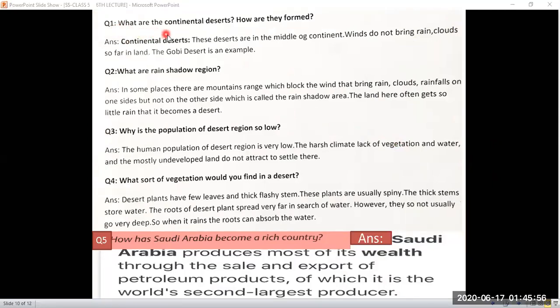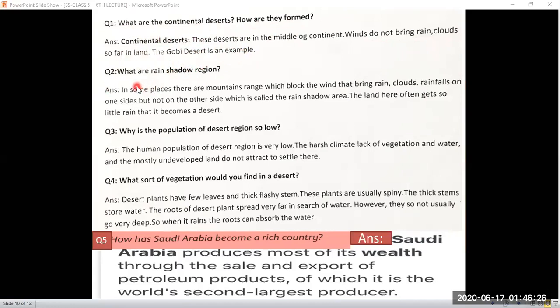What are the continental deserts? How are they formed? Answer: these deserts are in the middle of the continent. Winds do not bring rain clouds so far inland. The Gobi Desert is an example of continental deserts. So this is the answer of question number 1.